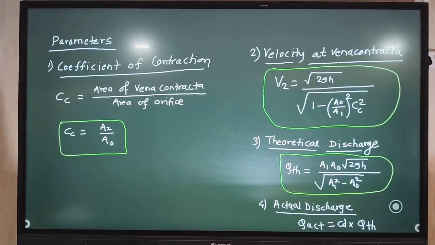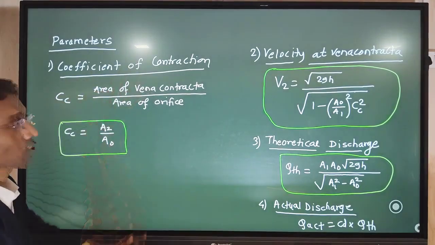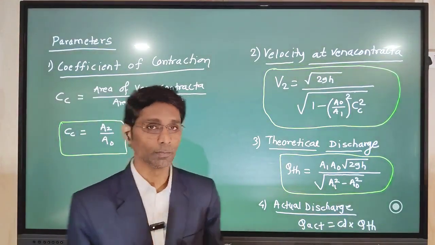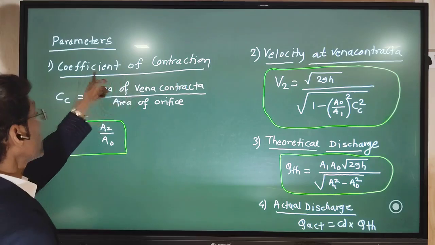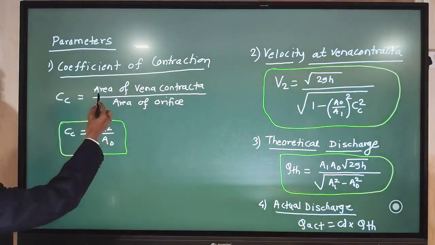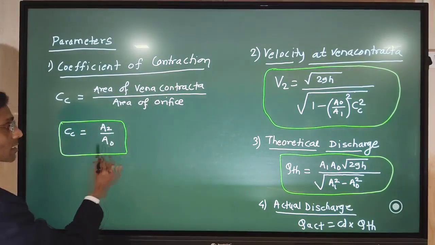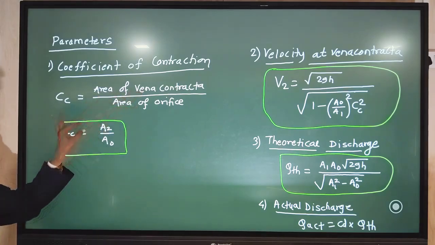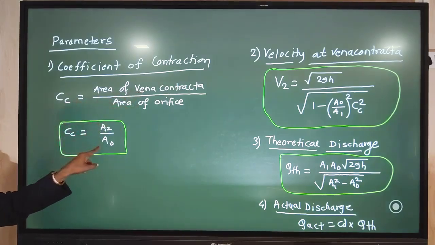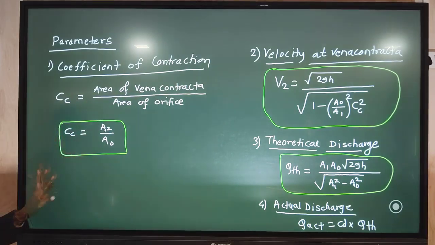Now see the key parameters of the orificemeter. First, the coefficient of contraction, which is a hydraulic coefficient. It is denoted by Cc, which is the ratio of the area of the vena contracta A2 divided by the area of the orifice A0. As the area of the vena contracta A2 is smaller, the value of Cc comes less than 1.